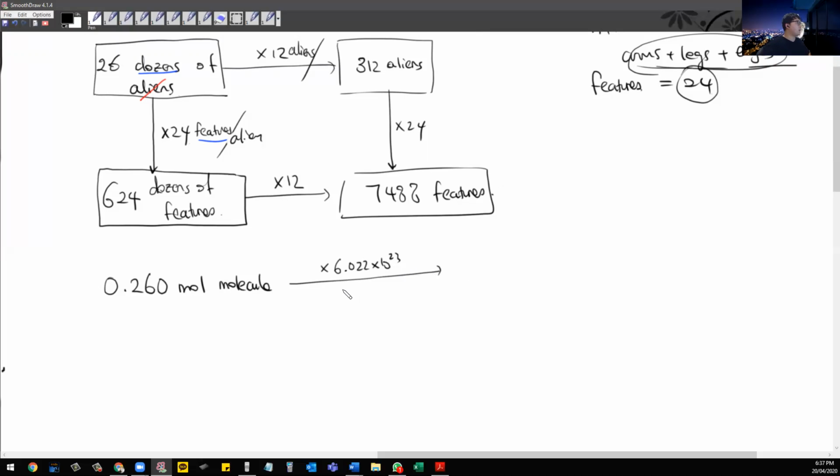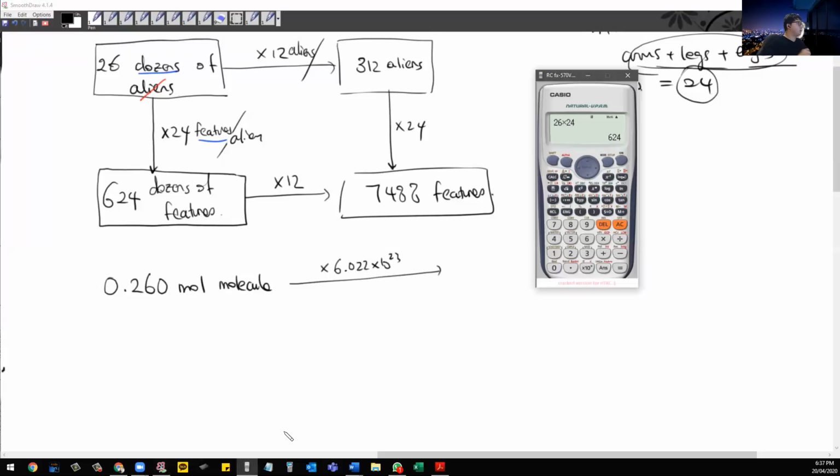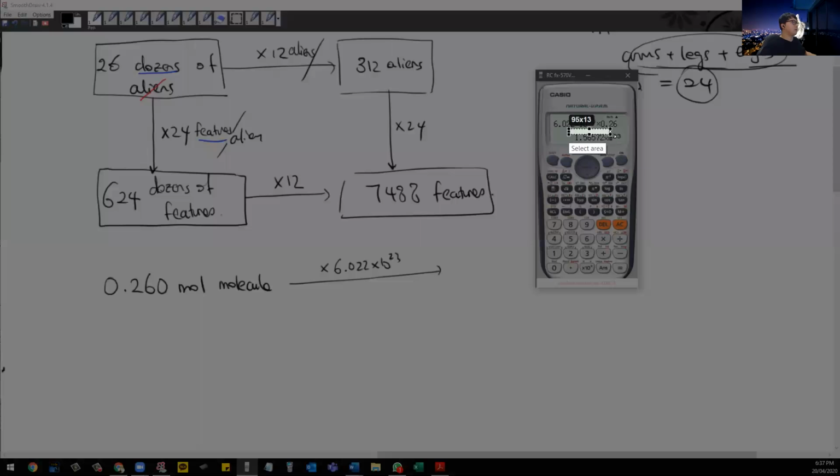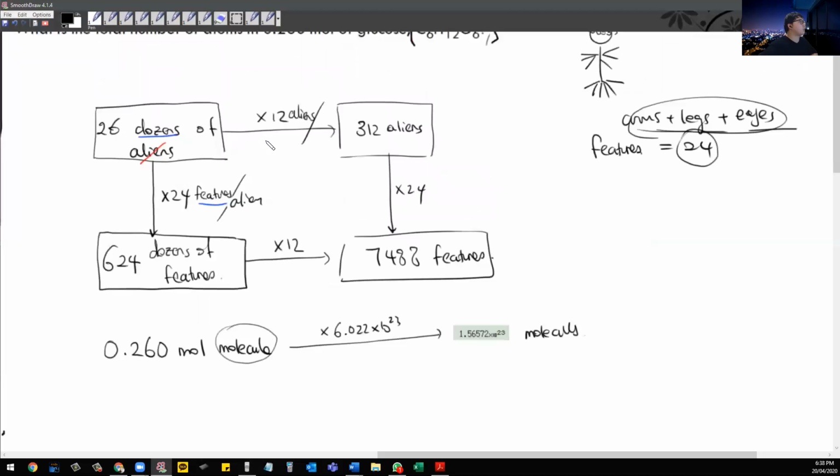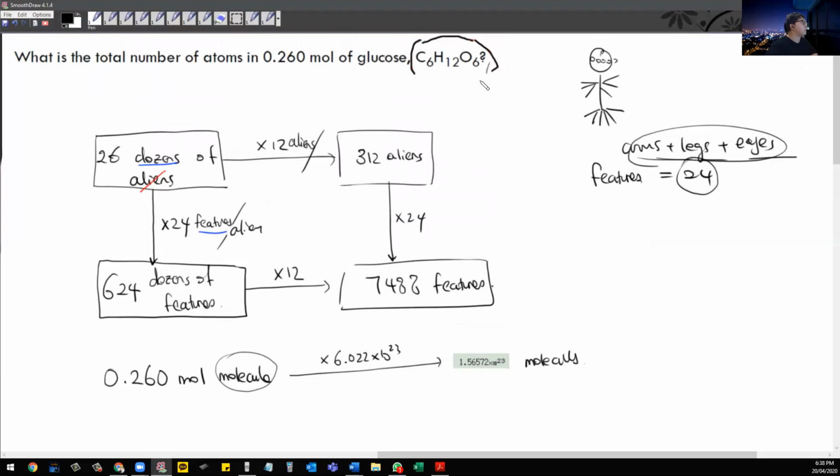So 0.26 mole would be a little bit less than that. So 6.022 times 10 to the power of 23 times 0.26, then you get 1.5 blah. That many molecules.